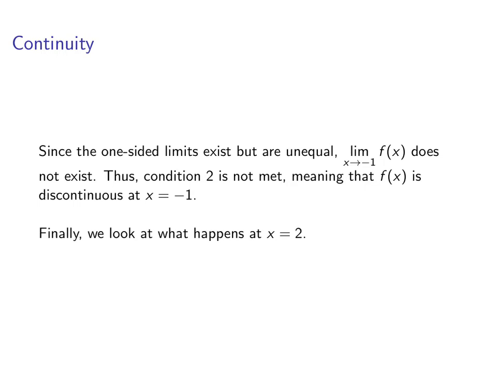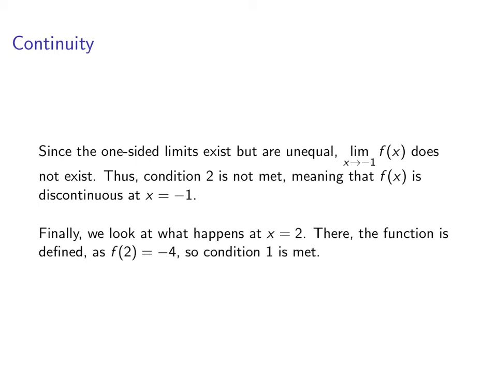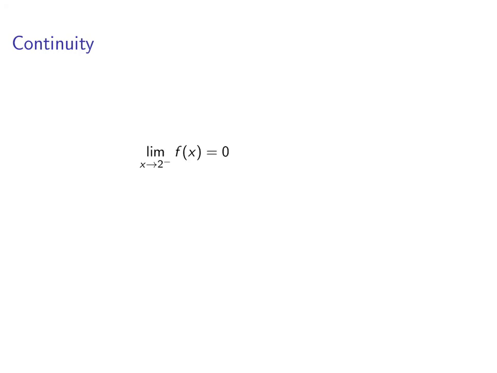And finally, let's see what happens at x equals 2. There our function is defined. f of 2 is equal to -4. So condition 1 is met. And we can even see the limit as x approaches 2 from the left is 0 and from the right is 0.